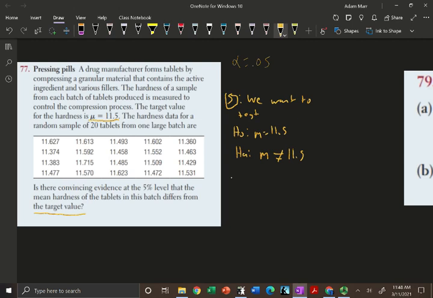Always define the parameter. So we'll say where mu equals the true mean hardness of tablets in this batch.